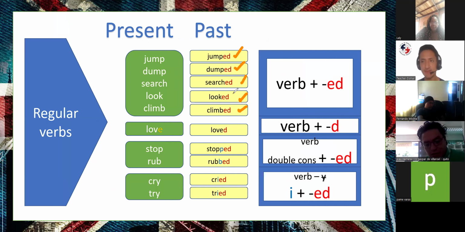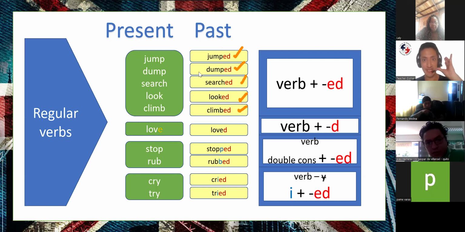Don't you forget, no se olviden que en la mayoría de casos, in most of cases, se escribe la ed, pero la pronunciation es como que no existiera la e, ¿ok? Ya, eso es un poquito difícil en English, porque en Spanish generalmente nosotros leemos tal cual está escrito, ¿no es cierto?